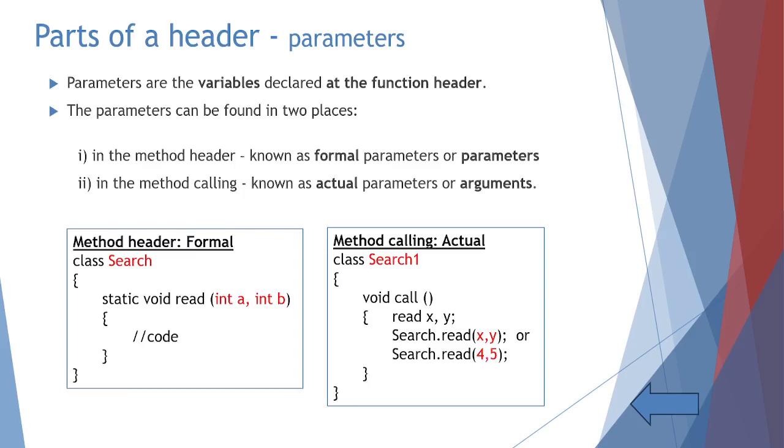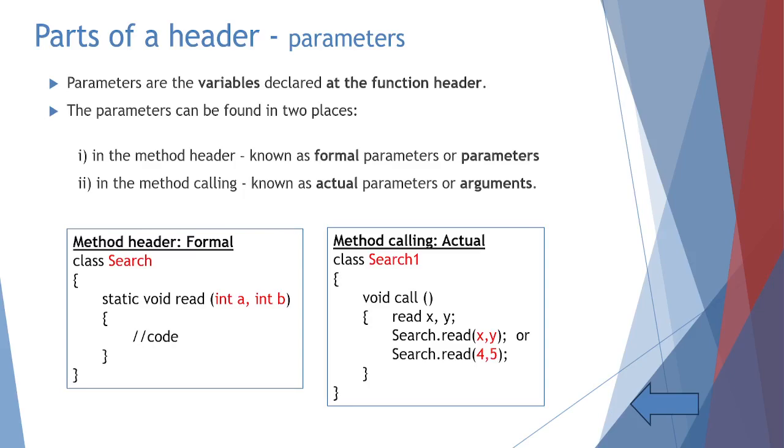So Search.read(x, y), I'm passing x and y because this method read requires two parameters. So this x and y while calling read are known as actual parameters or arguments. Or it can be like this also, Search.read(4, 5). Integers. These are also known as actual parameters.